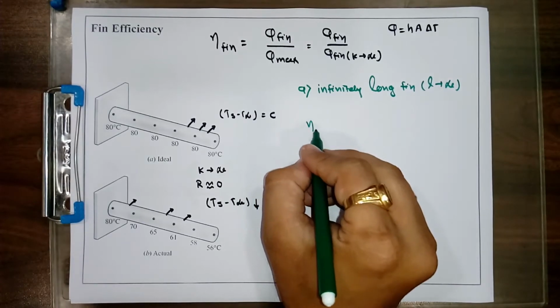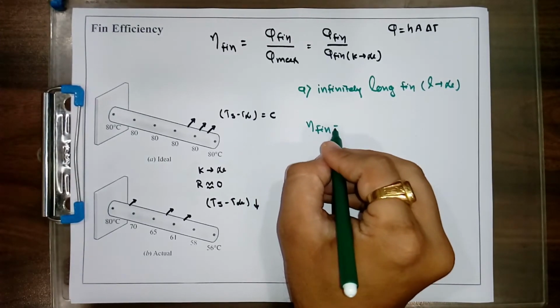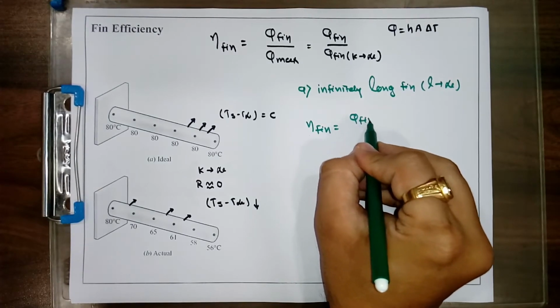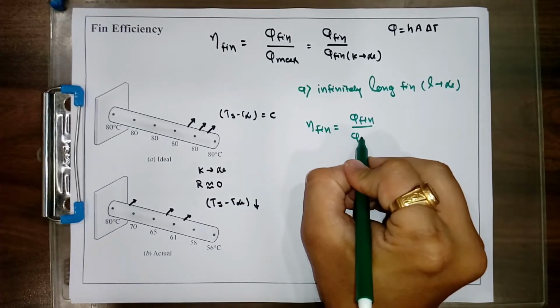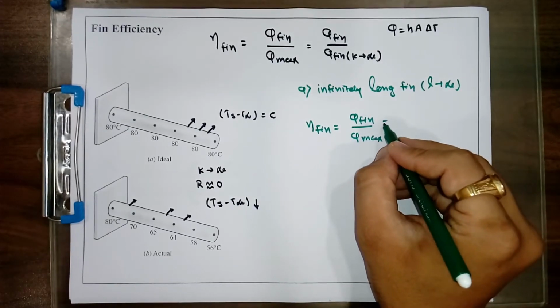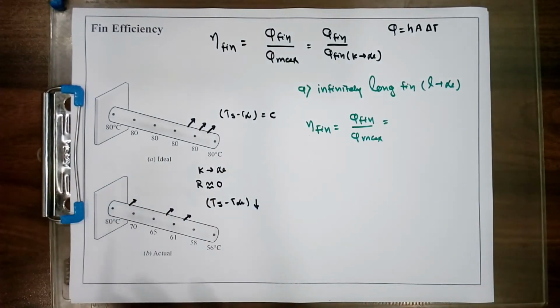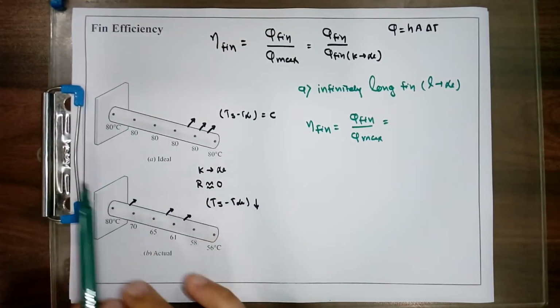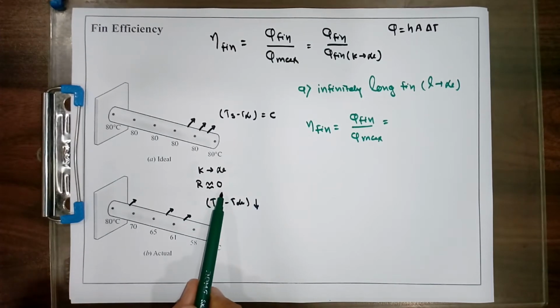So eta fin in this case becomes q fin divided by q fin max, or we can write it as q max. So q max is only the convection. If you go for the q max, it means there is no conduction happening because the thermal conduction resistance is zero.